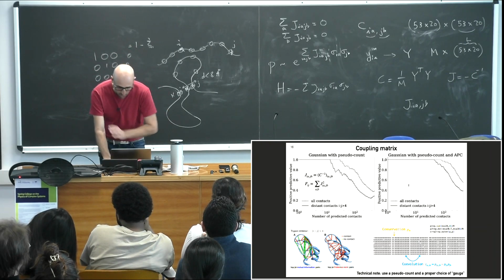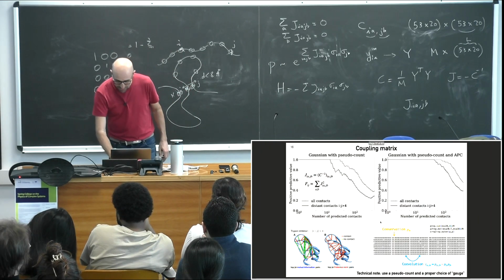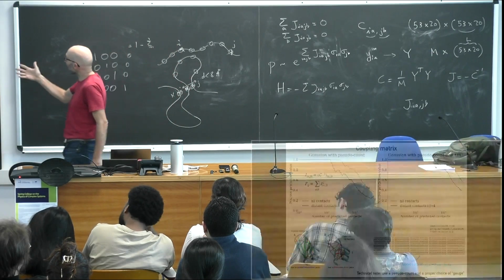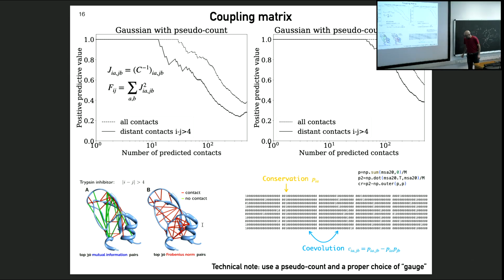Now, before I show you the code so that you can do it yourself, I just want to mention that this was done in 2009. The first paper, I think, is from Martin Weigt and co-workers, Terry Hwa and others. There was no AlphaFold at the time, but it was a promising result.